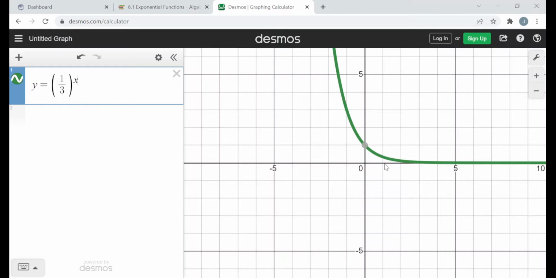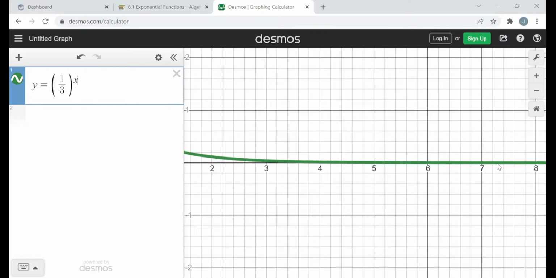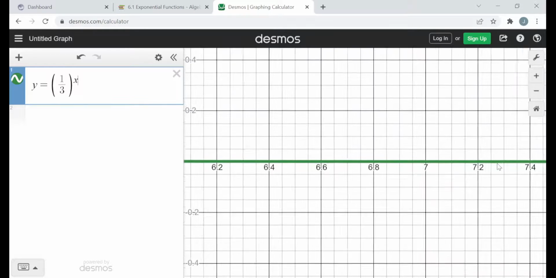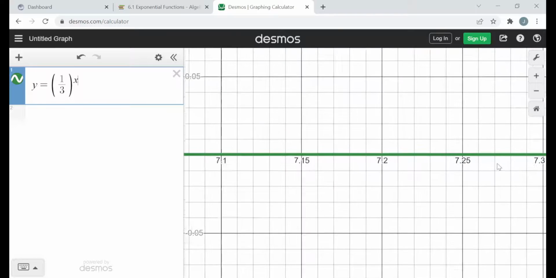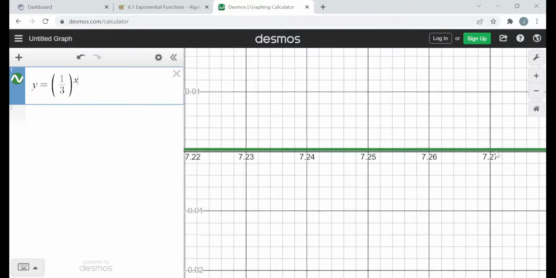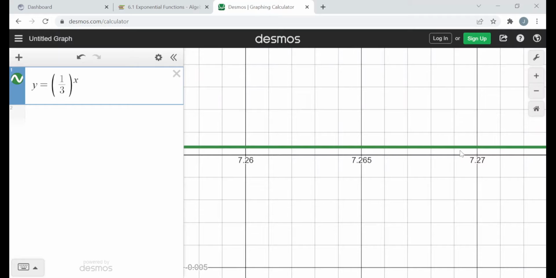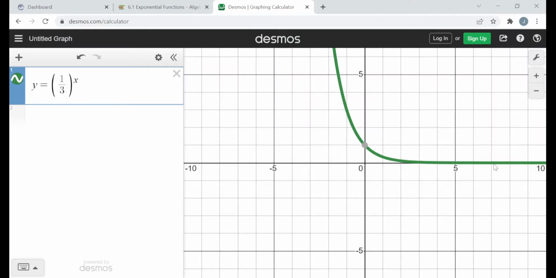But still, the x-axis is a horizontal asymptote here, right? The graph actually isn't touching the x-axis. Let me zoom in a little closer. You see eventually that green graph is above the x-axis all the time. It doesn't actually touch it, even though it looks like it's touching it here. If you zoom in close enough, you'll see it's not.